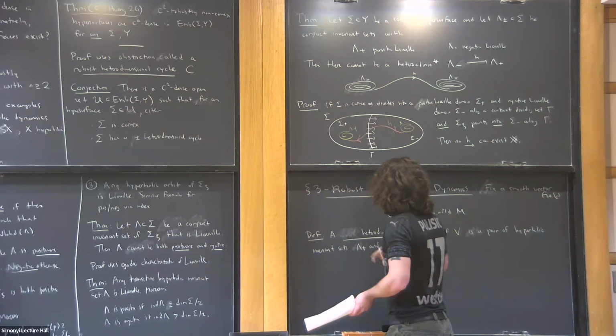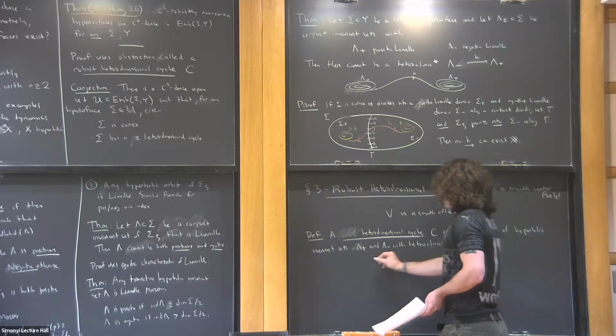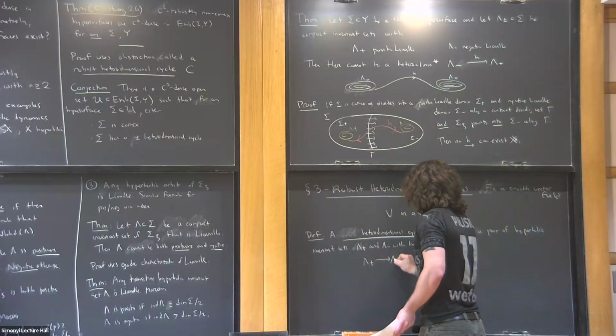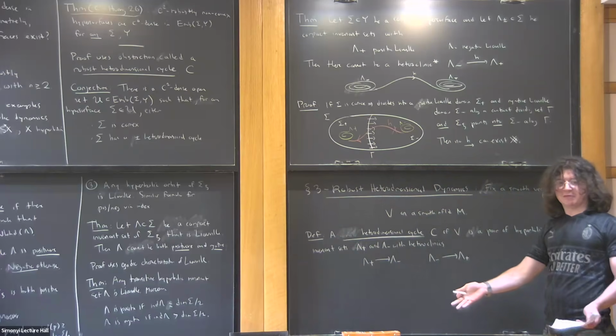Oh, maybe I'll just say heteroclinic cycle for now, or heterodimensional cycle, with heteroclinics from lambda plus to lambda minus, and then also from lambda minus to lambda plus. Okay, so this is a very obvious definition.